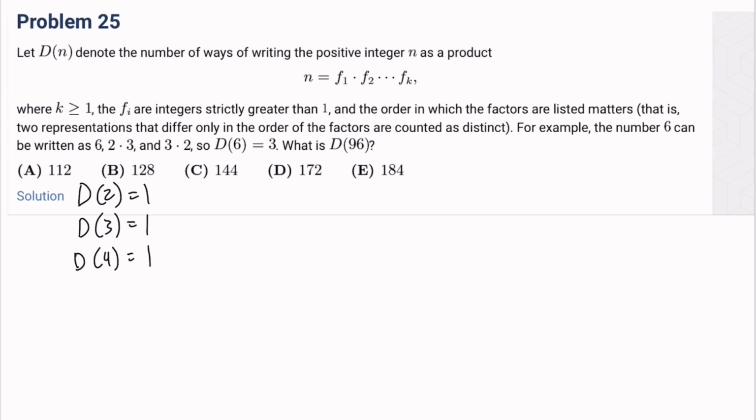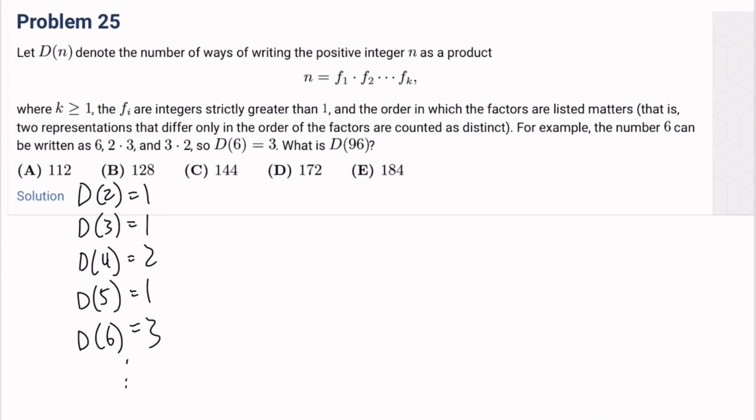D4, we have 2 times 2 and 4, so that gives us 2. And D5 is prime, so this gives us 1. D6 is 2 times 3, 6, and 3 times 2, so it's 3, right?